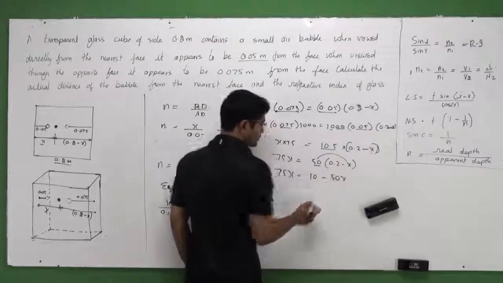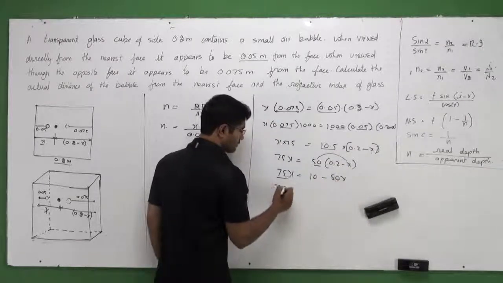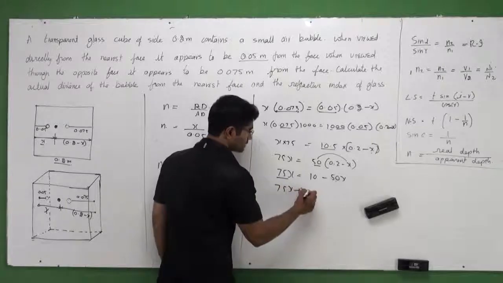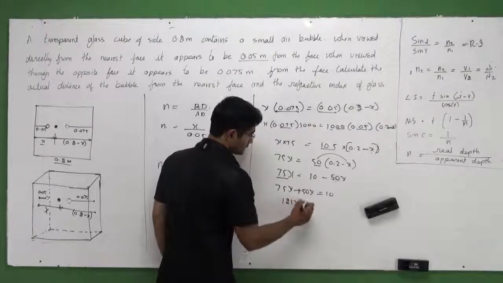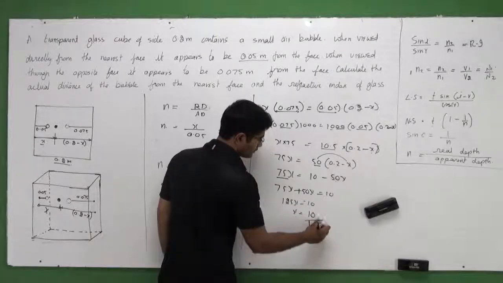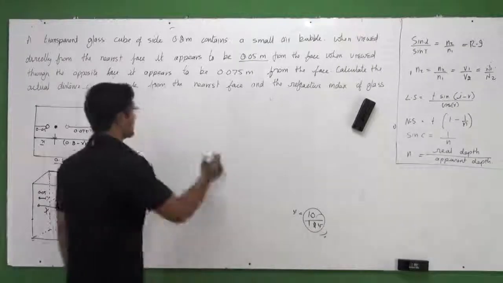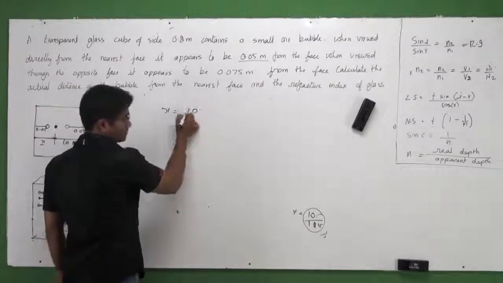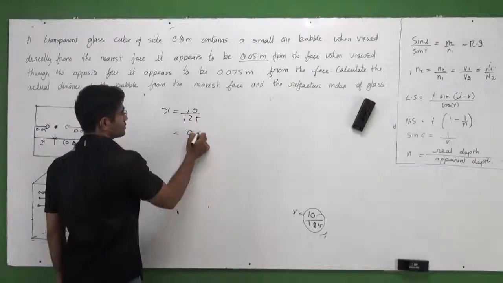So 75x plus 50x is equal to 10, that is 125x is equal to 10, and x is equal to 10 by 125. If you solve this with a calculator, it would be around 0.08.